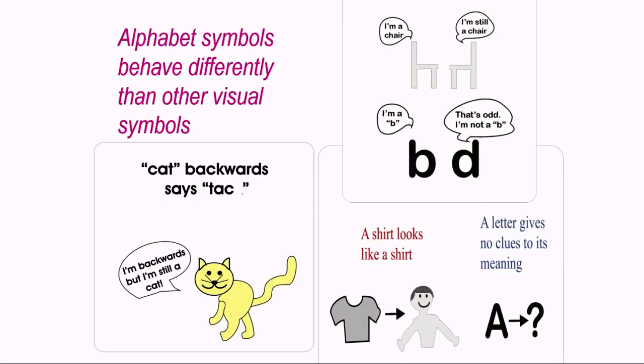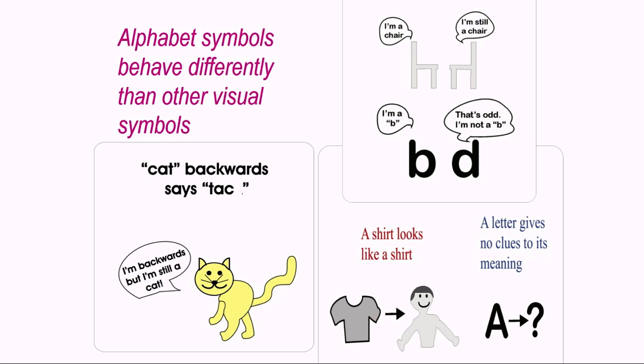Okay. The alphabet also works funny visually compared to any other symbols in the child's experience. So cat backwards says tack. And so the sound sequence or the letter sequence makes a big difference. But there aren't any other experiences in life where this is true. Whether the cat is facing forwards or backwards, it's still a cat.